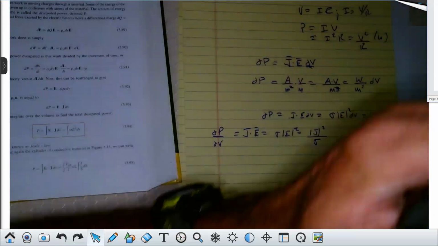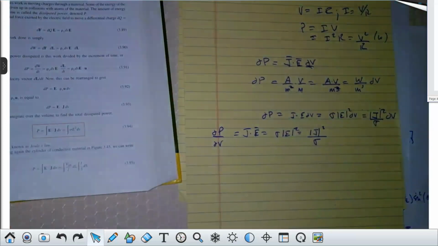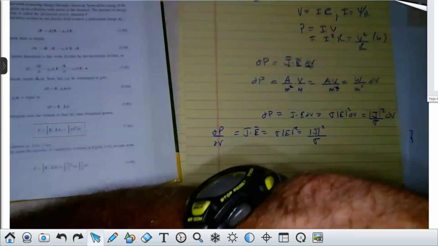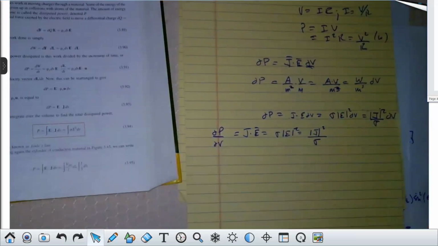And I know that the power that is dissipated by a resistor is going to be I squared R, right? Let me show you how to do this, but we're going to back out resistance two ways, and we're going to do it in the classic problem. Please pay attention to this because this is something you have to see.